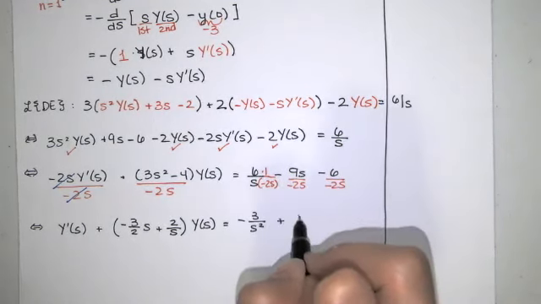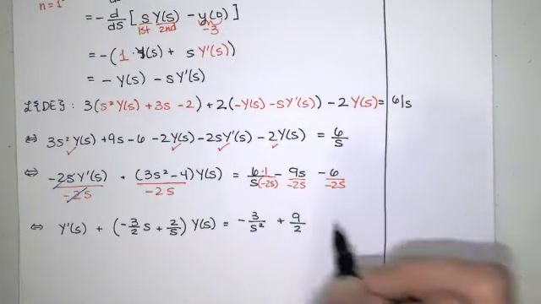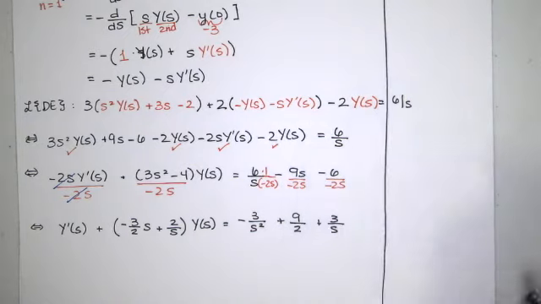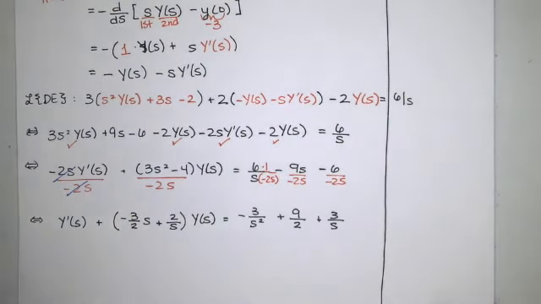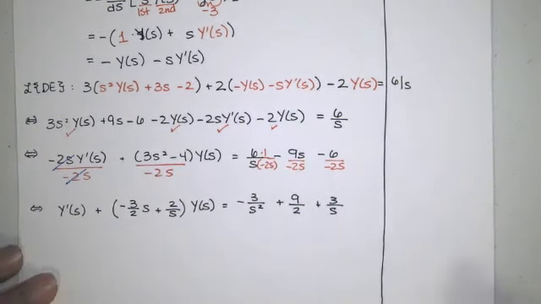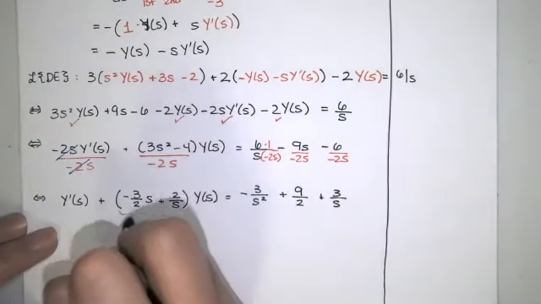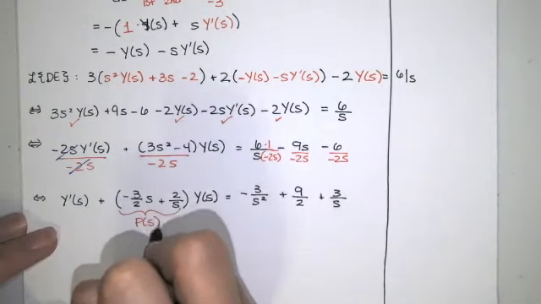Then the negative over a negative is a positive, the s is reduced, and the negative 6 and the negative 2 reduce to 3. So we have this. So this is first order linear in y, excuse me. Now we want to solve this first order linear equation for y of s. So this is our p of s.